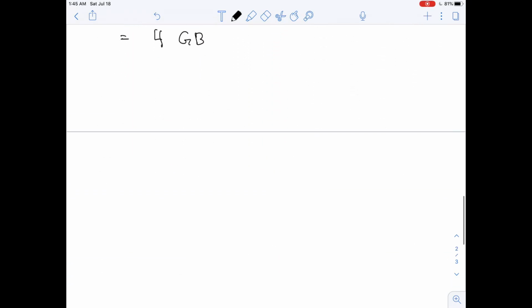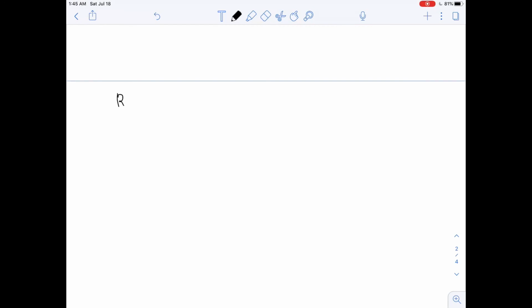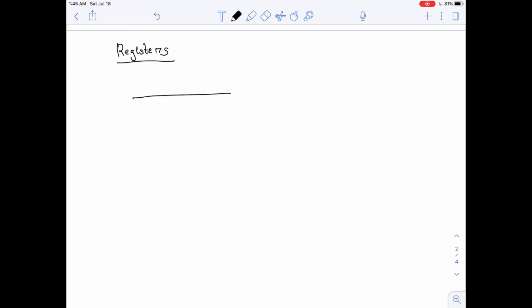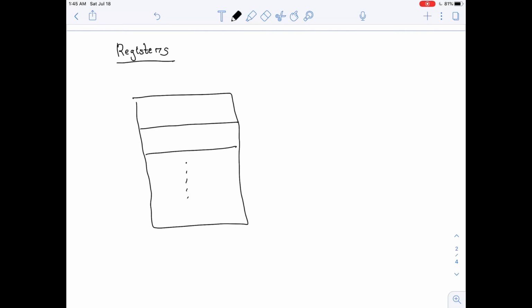So now let's talk about registers. Well, for the MIPS system that we're going to learn, it will have 32 registers. Suppose your registers exist in a place called a register file.